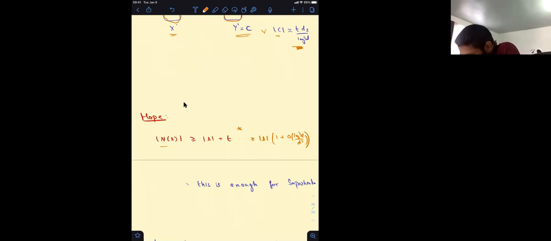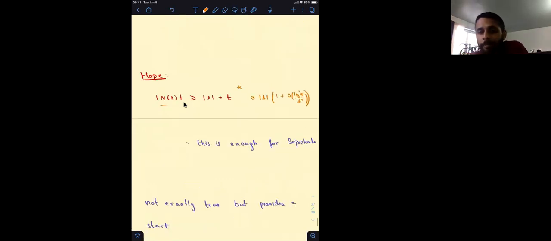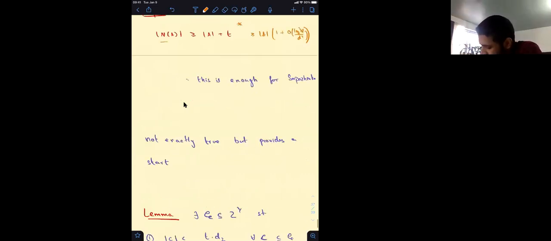It's not that simple, but this really provides a start on how to use existing techniques on this problem. So I'll state the lemma once again.